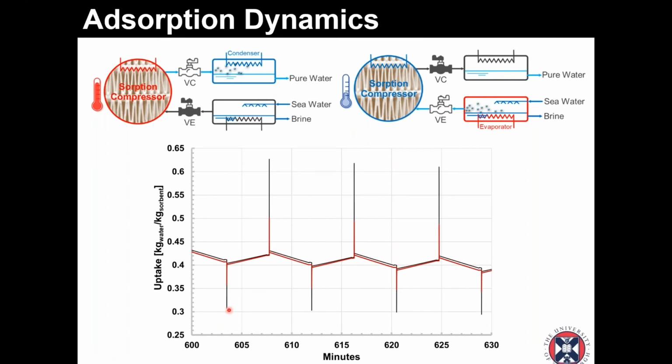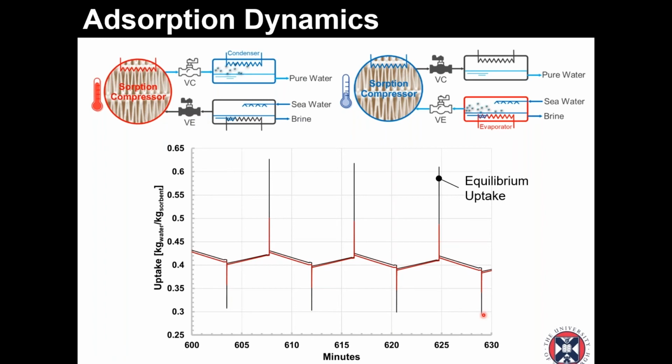You immediately see that the two limiting values, upper and lower, move from 0.3 to 0.6. So the working capacity is only 0.3, which is dramatically lower than the equilibrium value we have seen before. The black line is the equilibrium uptake, so what we should expect if the bed works at equilibrium, but the adsorption material shows some dynamics.